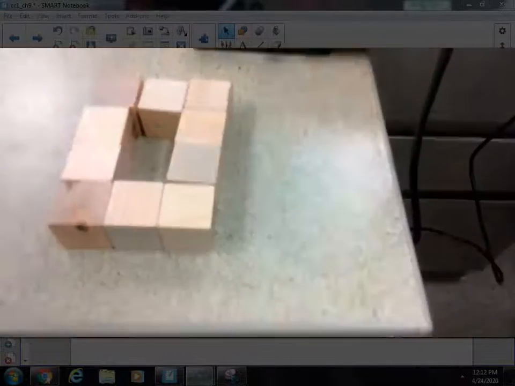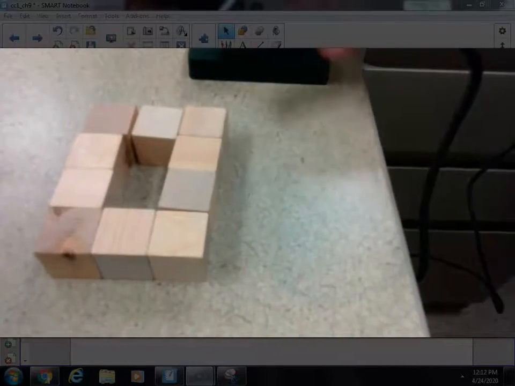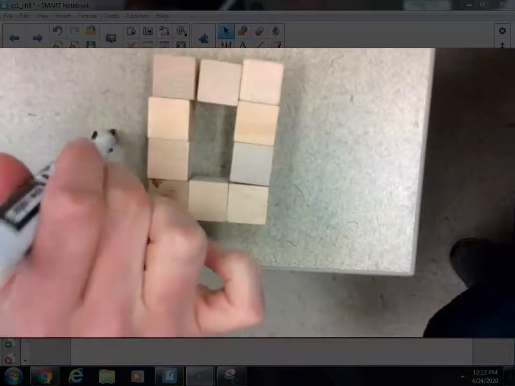We know that the front of our building has 3 squares, so we need 3 squared units of glass here. And we need 3 squared units of glass in the back of the building. So you guys can see that. So let's go ahead and label those, the outside of our building.